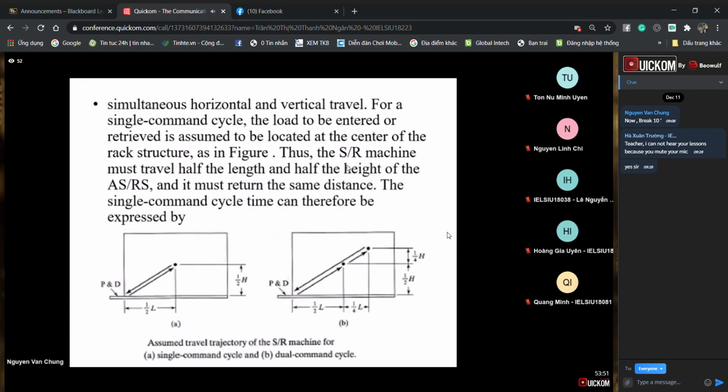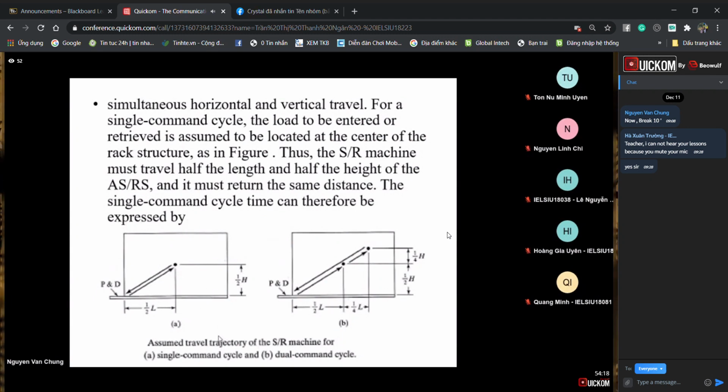Thus, as the S/R machine must travel half the length and half the height of the AS/RS, and it must return the same distance, the single command cycle time can therefore be expressed by this formula.